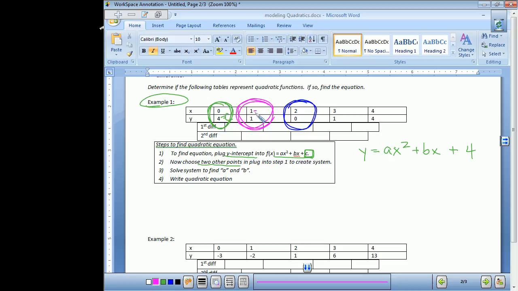So now, is this an x and this a y? Yes. Okay, so I can plug 1 in for x, and 1 in for y. So I get 1 equals a times 1 squared plus b times 1 plus 4.